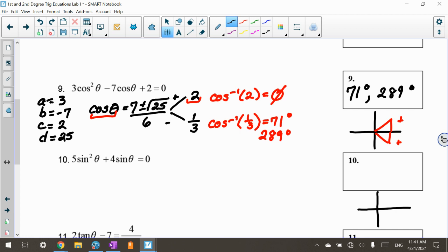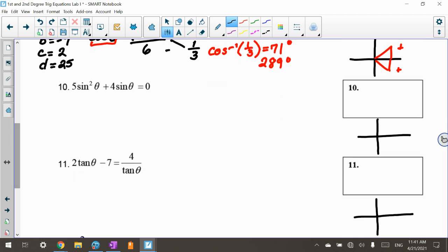All right, so let's look at number 10. Number 10 is also a quadratic, and I could actually set up the quadratic formula for this, but this one's an easy one to factor. So I'm going to factor out a sine theta because it's an easy one to do. So I have 5 sine theta plus 4 equals 0.